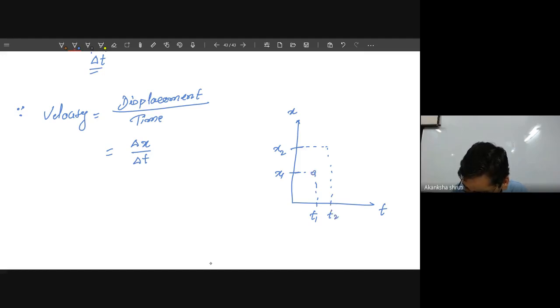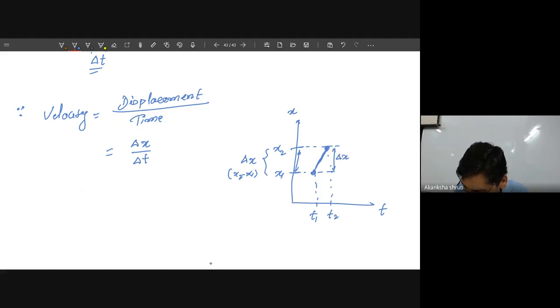Means the object has moved from this to this. The plot will be from here to here. This is the plot. But here we have to calculate this delta x. So this is what? x2 minus x1. Means this length only. Whether this length or taking this, if I am plotting here on this length, it means the same.